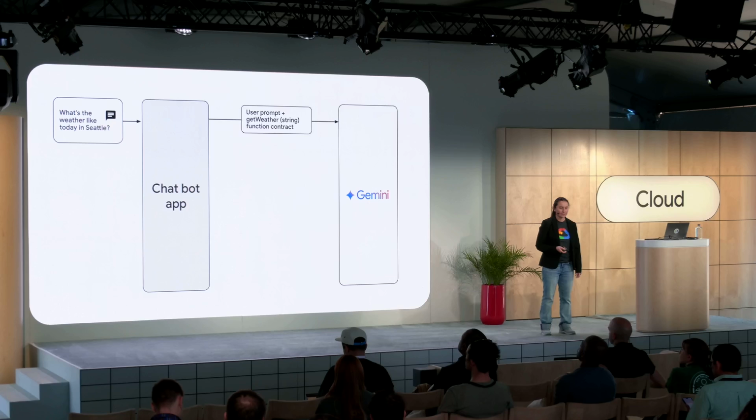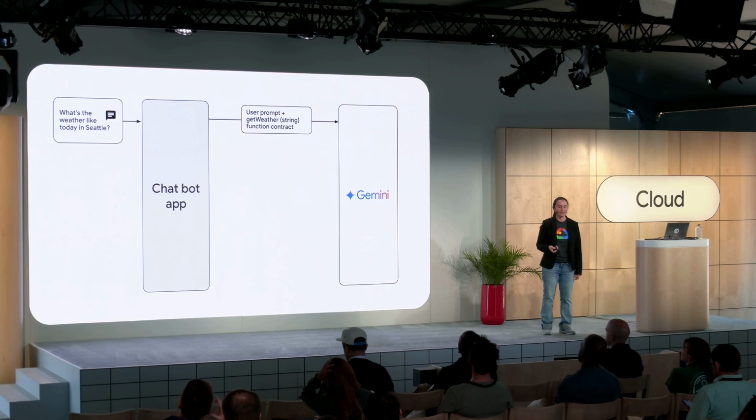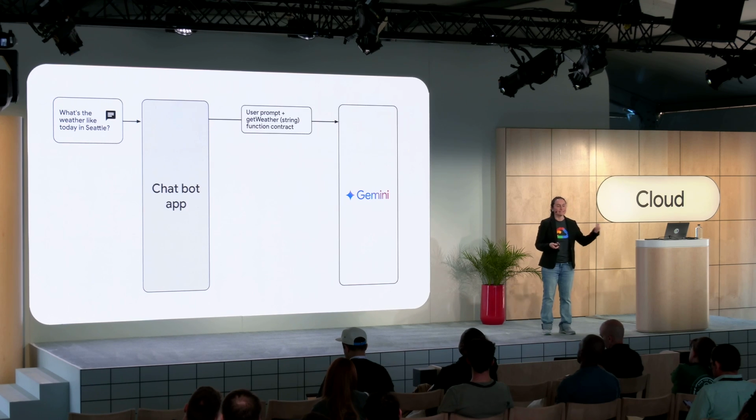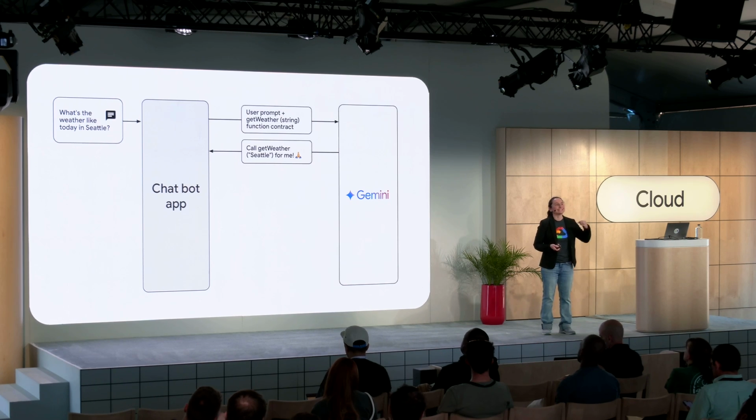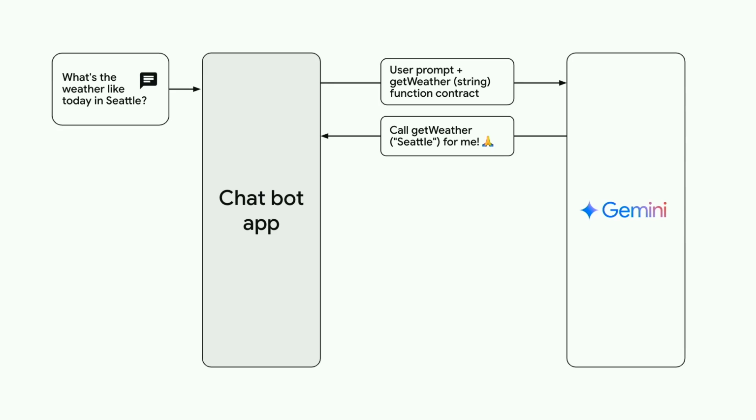And we're going to go over this now with a step-by-step illustration. So first, the prompt requests the current weather at a given location, and the prompt plus the function definition for get weather is sent to Gemini. Then Gemini asks that the app call get weather in Seattle on its behalf.